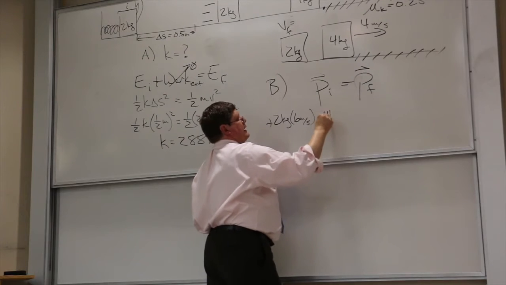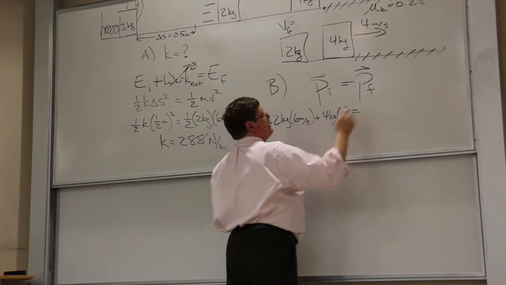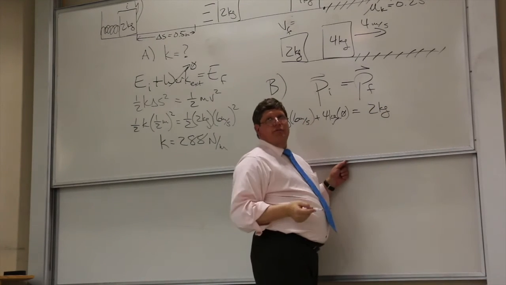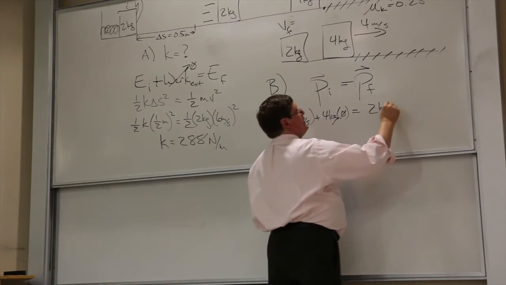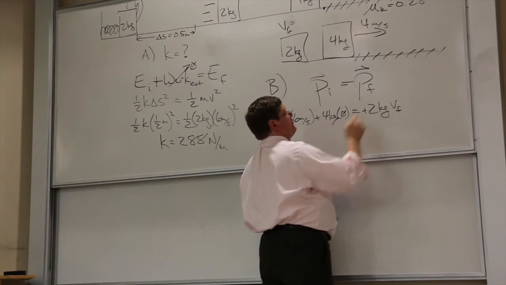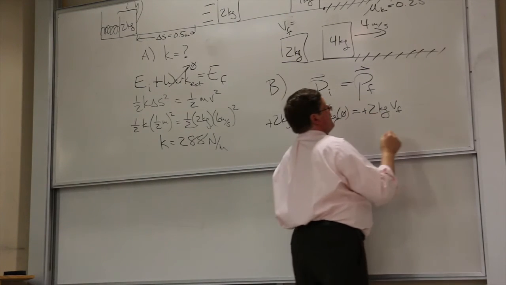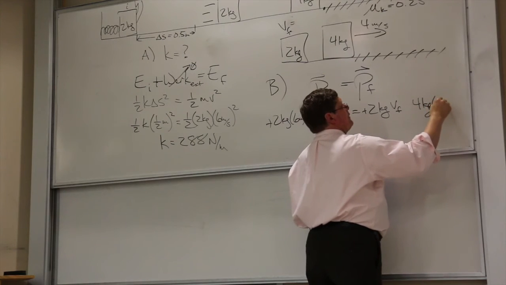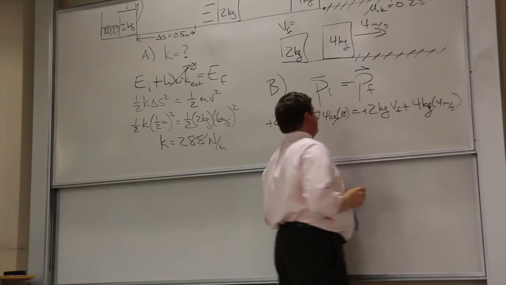I had 4 kilograms. I wasted ink. Afterwards, I've got the 2 kilograms. I don't know whether it's moving left or right or how fast, so I make that a positive variable. And I've got the 4 kilograms moving at 4 meters per second, and it's to the right.